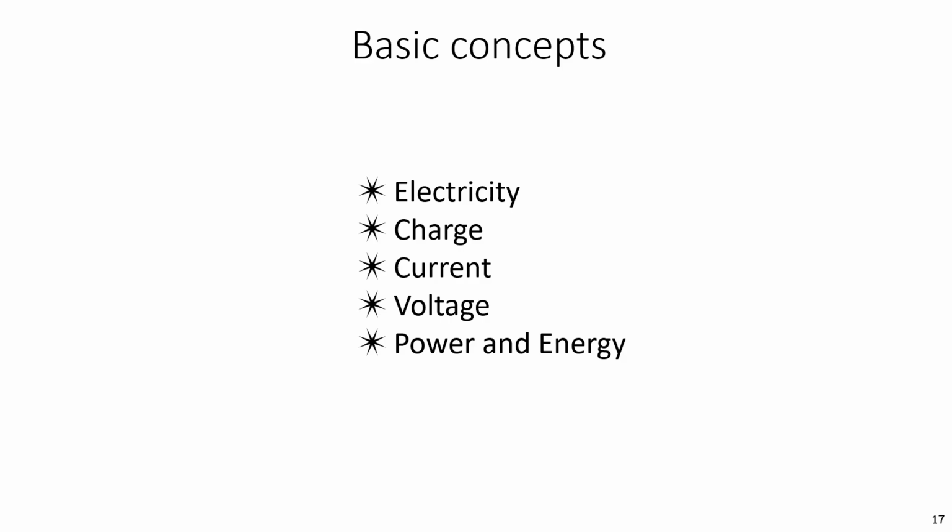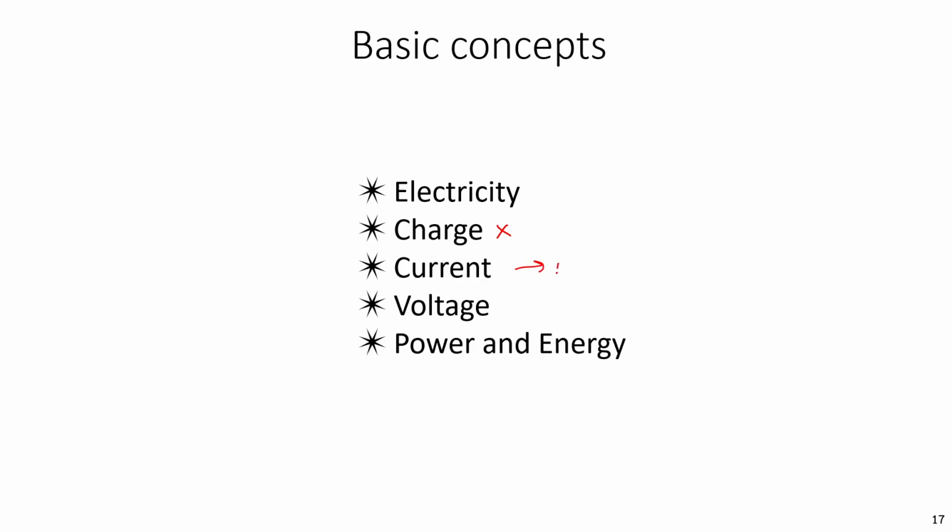Okay, now we come to the basic concept, right? And we have electricity, charge, current, voltage, power, and energy. So we have this term in this course, but I will not talk about the charge very much. Right? In Coulomb, you study physics, but we learn about the current.